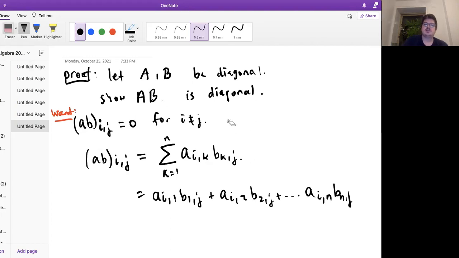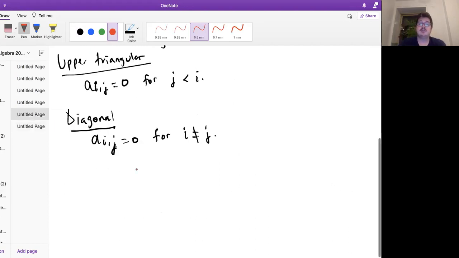So what entries are 0? Remember, the a and b represent entries of big A and big B. So for example, do you know anything about ai1? So diagonal, remember, diagonal means everything but the diagonal are 0.